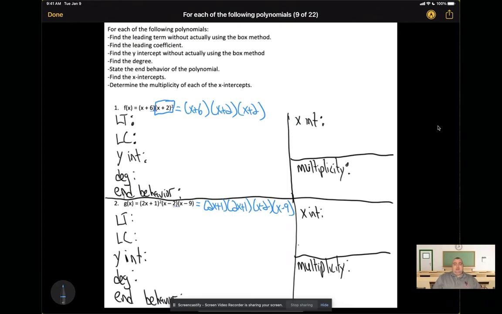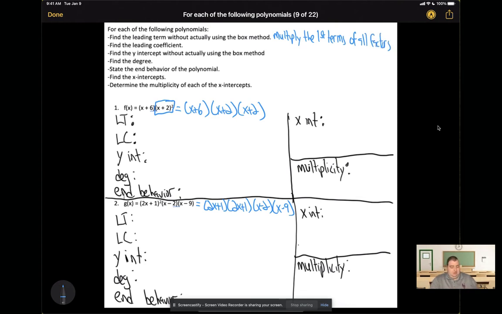So that's the first thing I'm going to do. Now to find the leading term, I'm going to multiply the first terms of all factors.